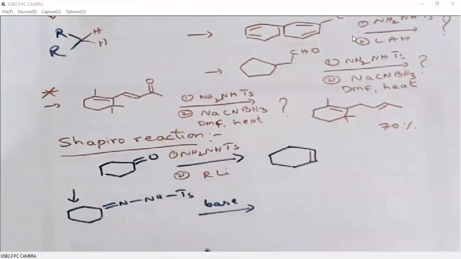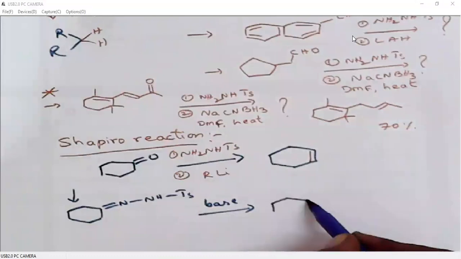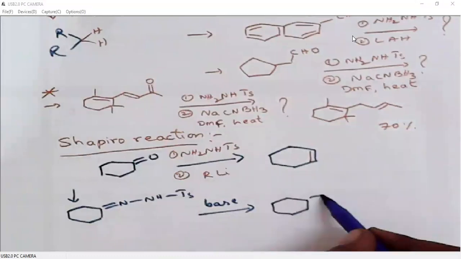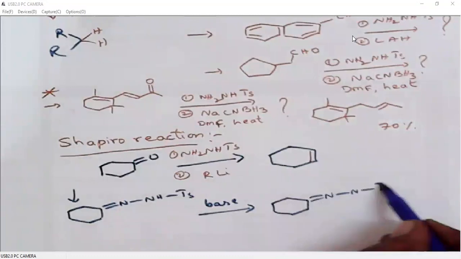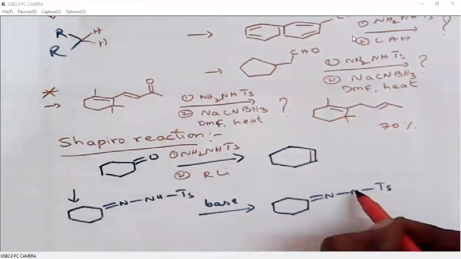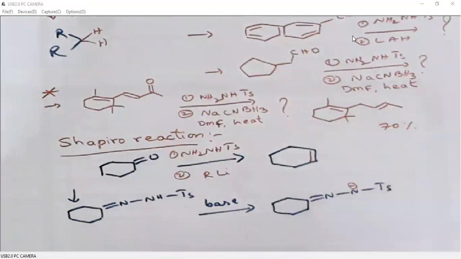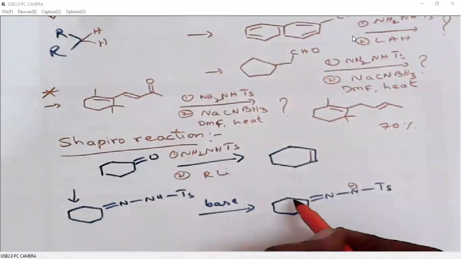So there are two possibilities for the deprotonation. One is the proton on nitrogen, which is very acidic, so we can take out this proton. Similarly, the proton on the alpha carbon.